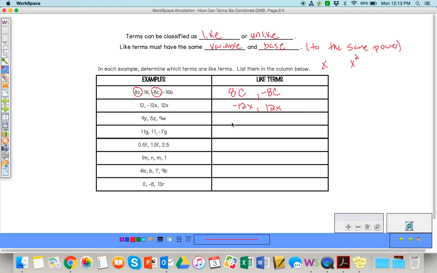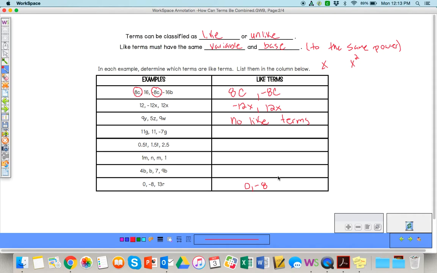Okay, in this particular one, there are no like terms. None of these have the same letter, so they don't have a like term. Okay. One that I want to talk to you about before I have you practice them on your own is this last one. Okay. And this last one, 0 and -8, they are like terms.